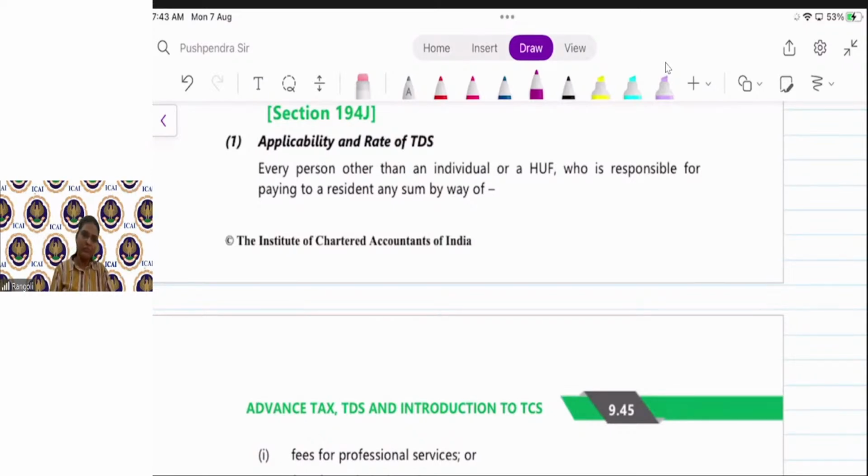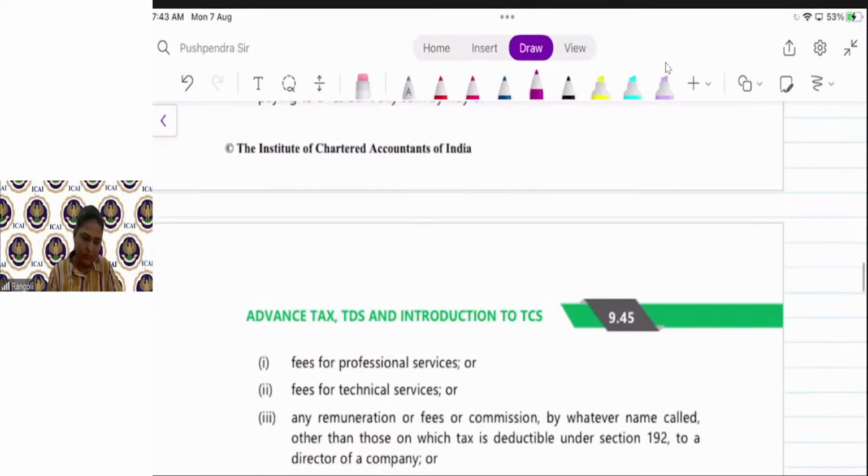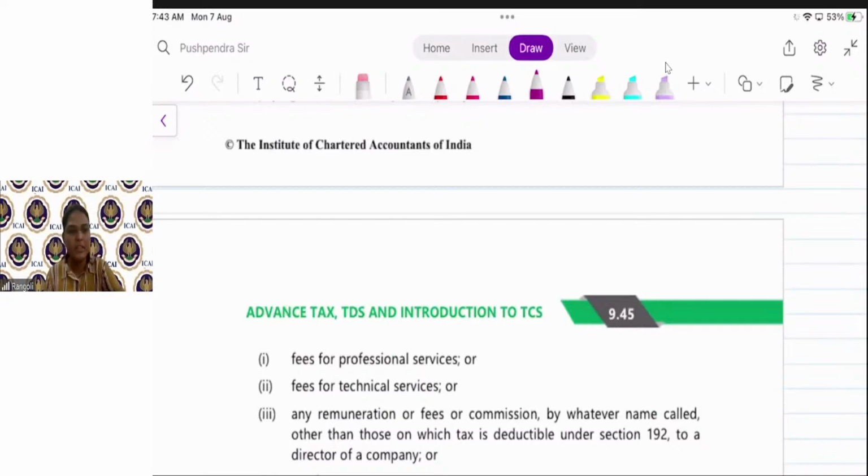Okay. So in this question, the payer needs to inform the government that I have deducted TDS of that person, because see, there are a lot of persons whose name is Puja. So on whose account is the TDS deposited? It is required to be informed to the government PAN-wise.